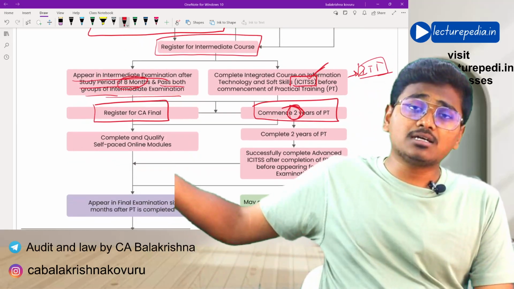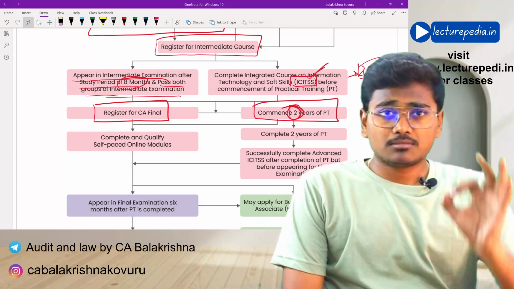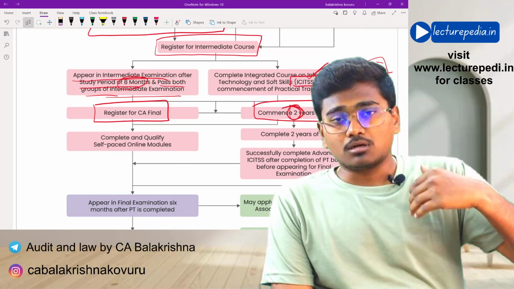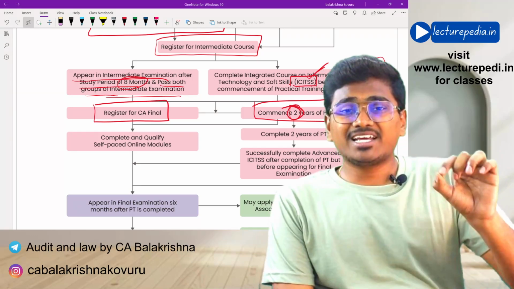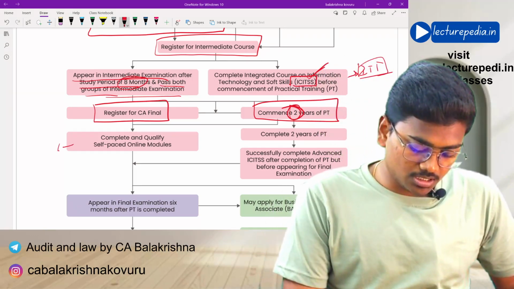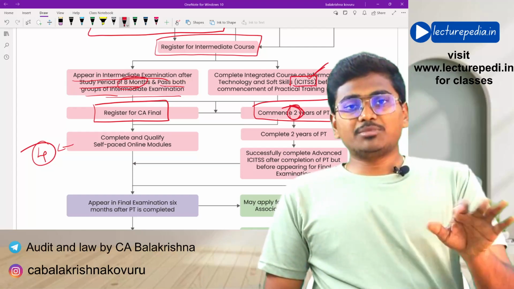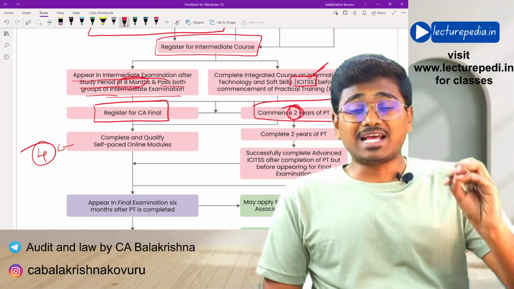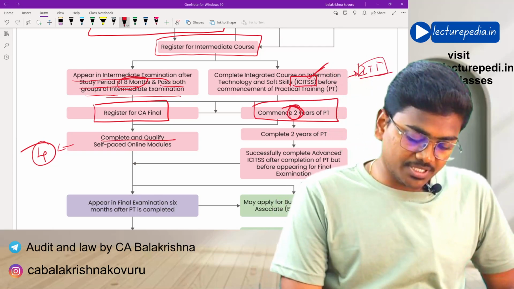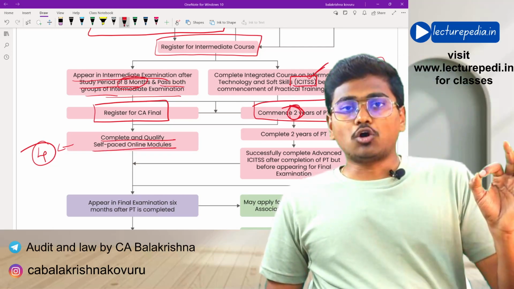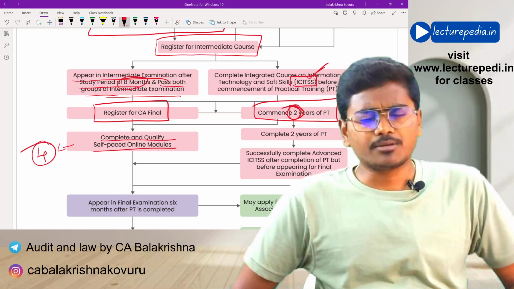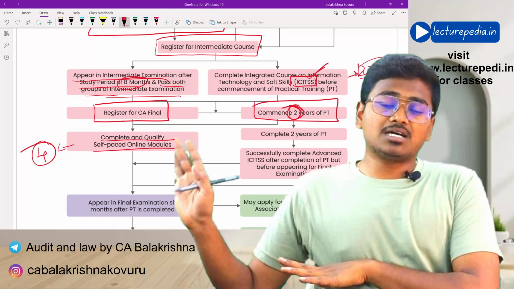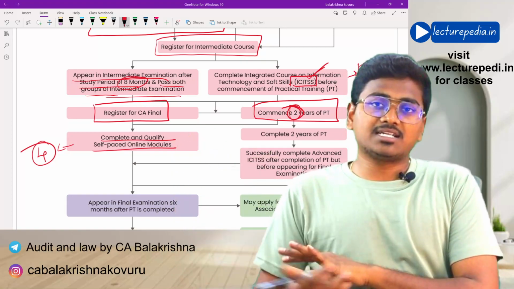During this practical training itself, you need to qualify certain online module examinations. There will be 4 modules that have to be cleared by you. Complete and qualify the self-paced online modules. You need to complete those modules in the articleship, in the practical training period only.